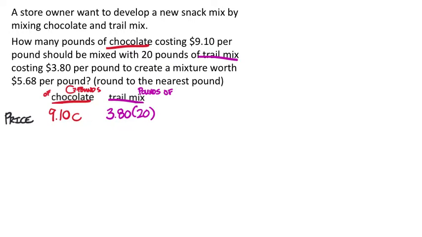We don't need the T because we know how many pounds of trail mix. This is why it's important to read and reread the problem, which I probably should have done the second time. We already know it's 20 pounds of trail mix.